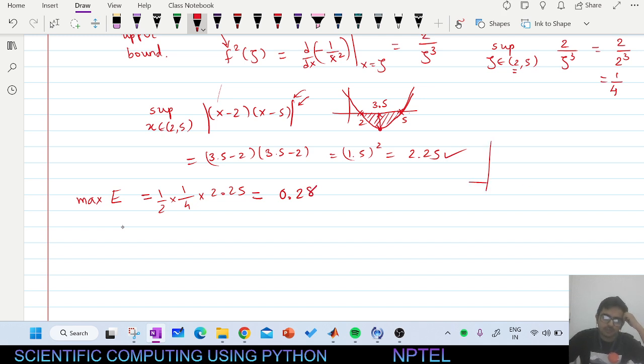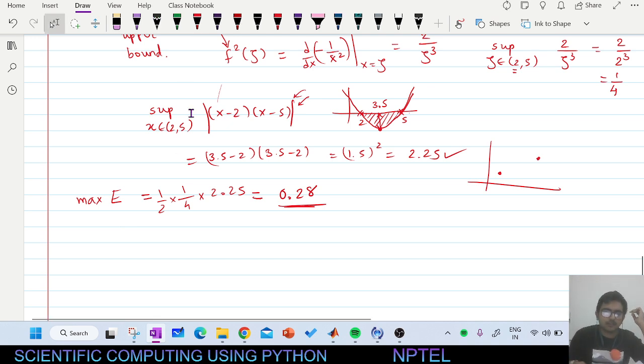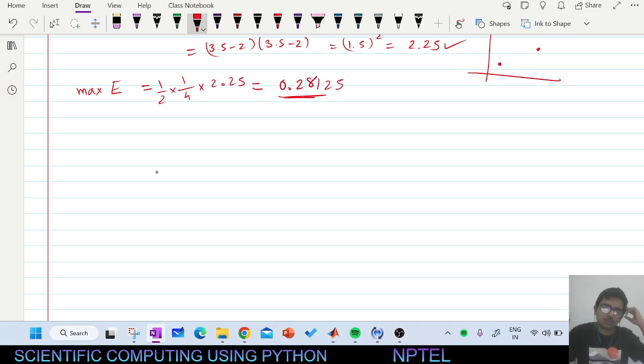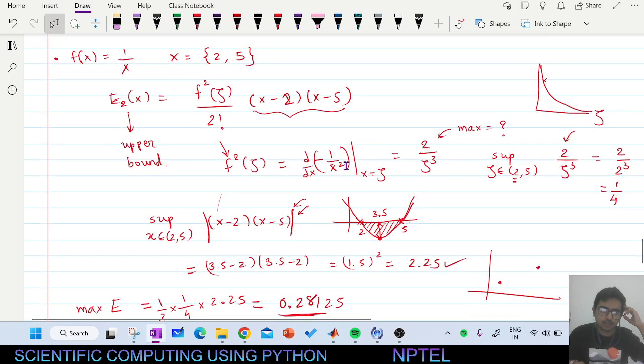What we know is that if we have 2 points, no matter what the function is, we can be off by at most 0.28. All right. So is this clear?